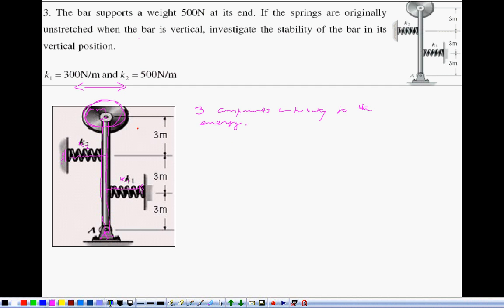One is the mass, the other is K1, another is K2. K1 and K2 are because of the spring compression or extension. M is due to the potential energy change. So let's take the datum to be this.